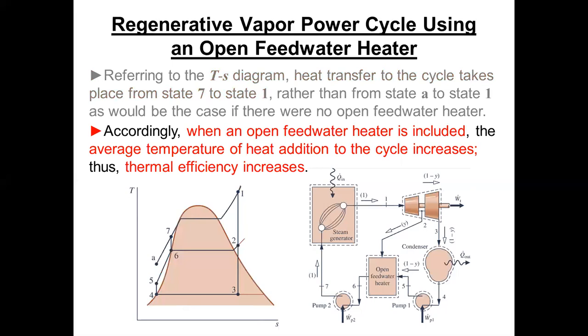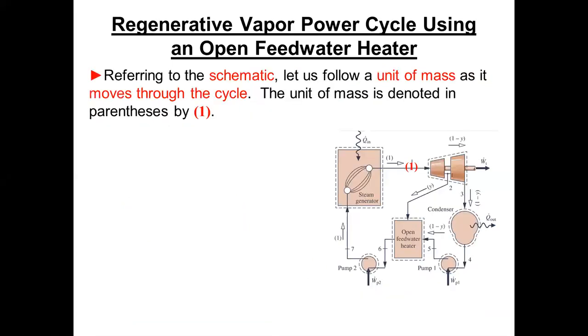So the average temperature during the heat addition increases and the cycle efficiency increases. So that's what it's all about. There's T average from A to 1, and then T average showing much higher from 7 to 1. So that's why we add the feed water heater.